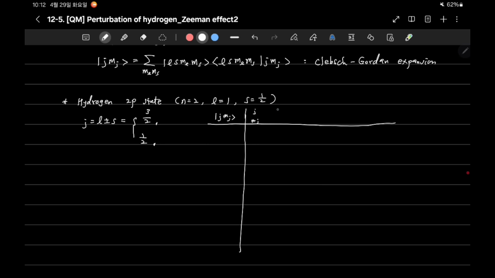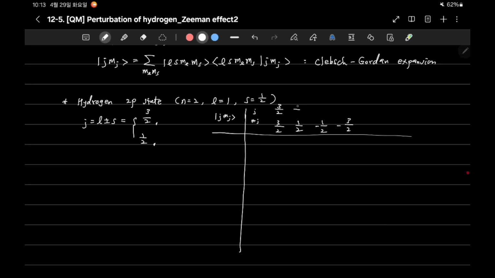For example, if J is 3/2, there are various MJ values: 3/2, 1/2, minus 1/2, and minus 3/2.